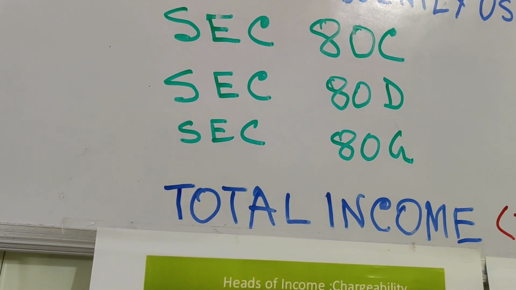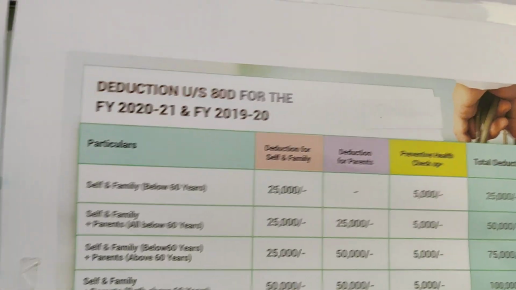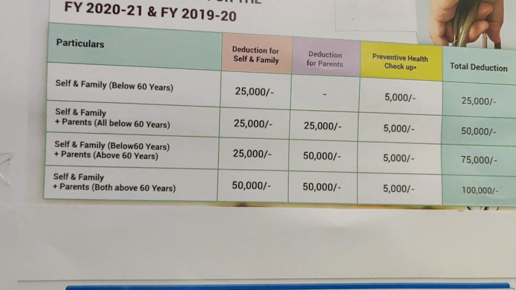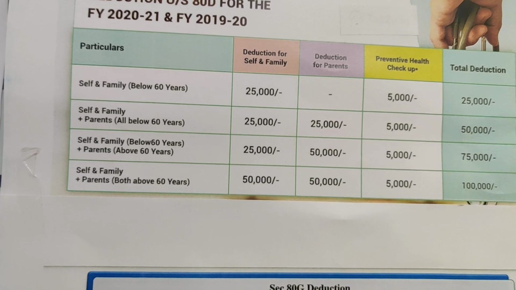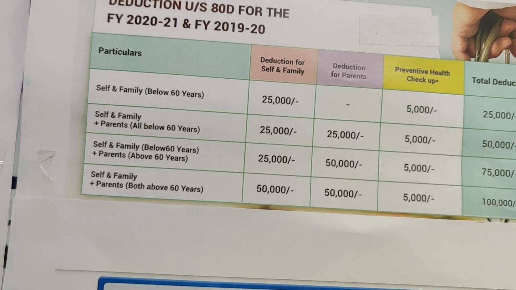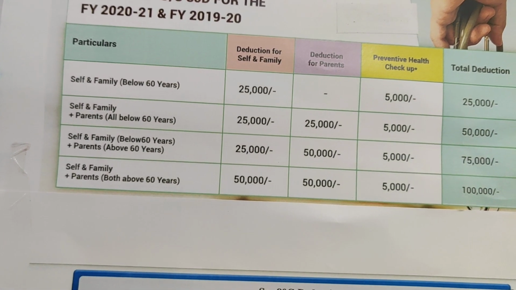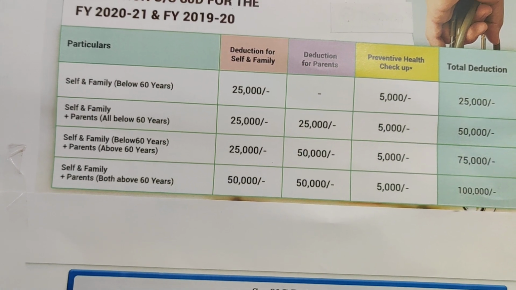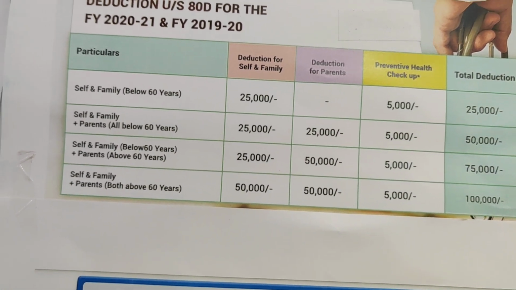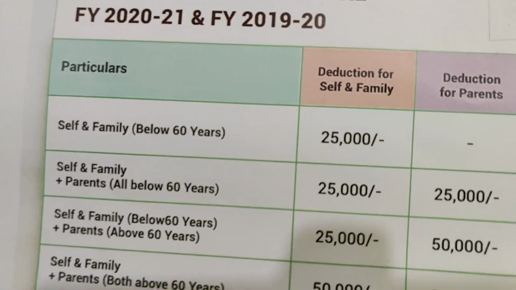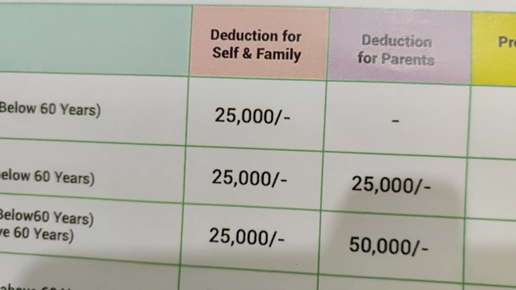80D is nothing but your medical insurance premium. You can take that policy either for yourself and family or for your dependent parents. Here the criteria is that if your age is less than 60 years, that means you are not a senior citizen, then you are entitled to a deduction of 25,000.